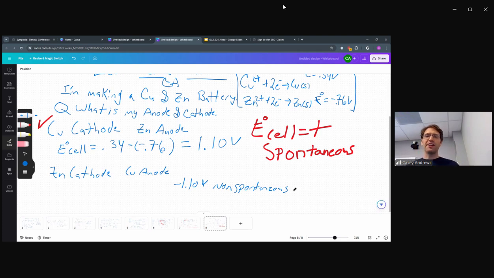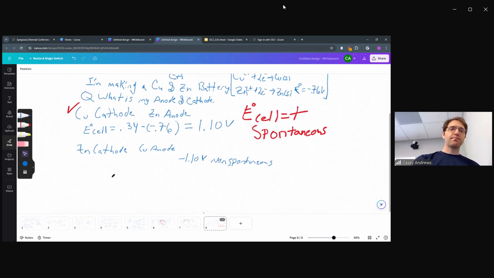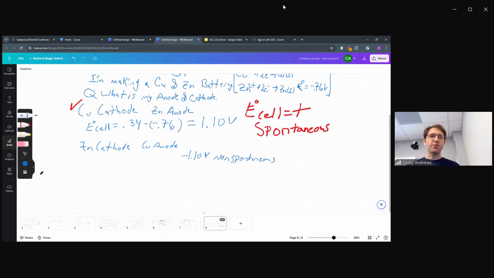So just to bring it home, because we've talked about a lot of different ways, I'll put this table up one more time. For a spontaneous reaction, delta S universe should be positive. Delta G should be negative.